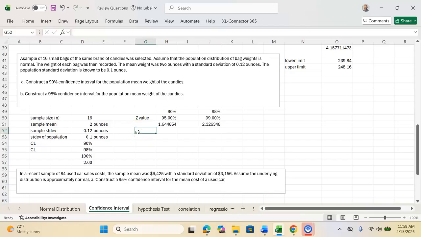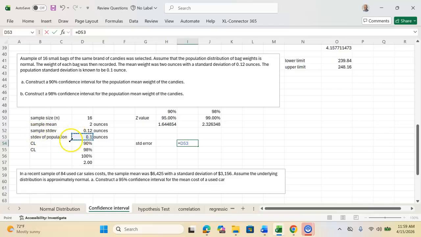So we can find margins of error. So let's find the standard error first. Standard error is standard deviation of the population, because we are going to use z value.